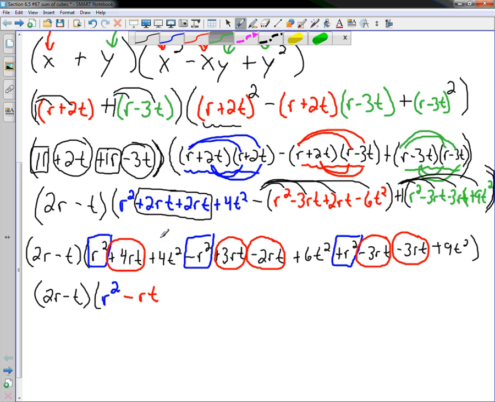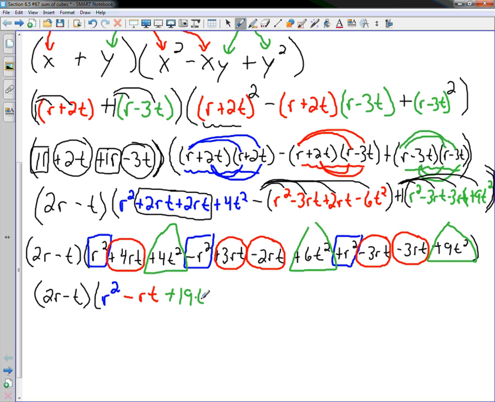And then we have plus 4t squared plus 6t squared, so that's 10. And plus 9t squared gives me a 19t squared. And we close our parentheses.